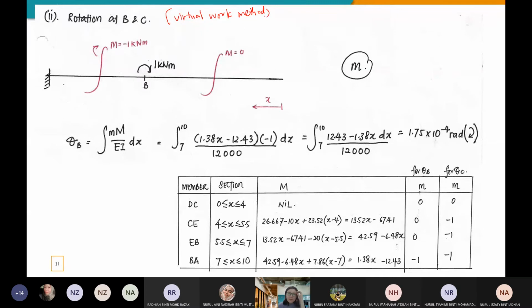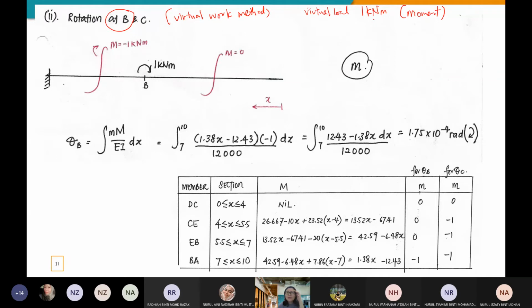So maybe I can explain on this rotation at B. Rotation at B means that you are talking about rotational displacement, meaning that your applied virtual load must be 1 kilonewton meter in terms of moment. Many students do not put the correct units.